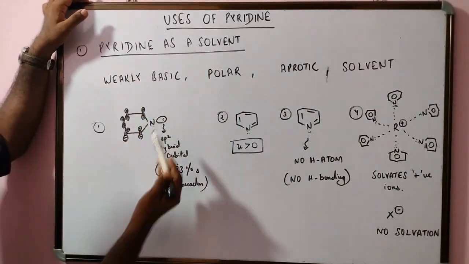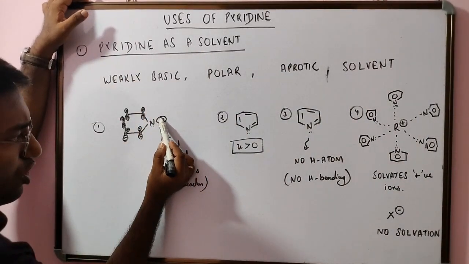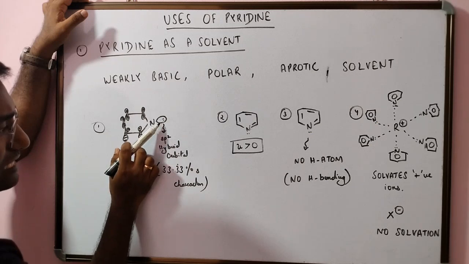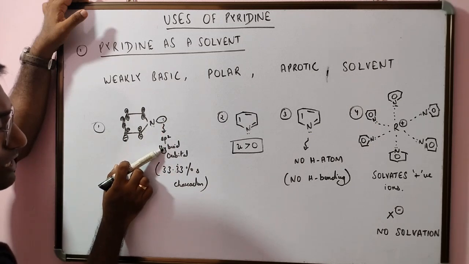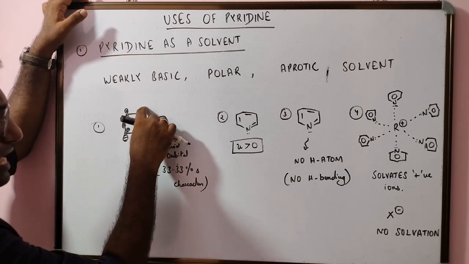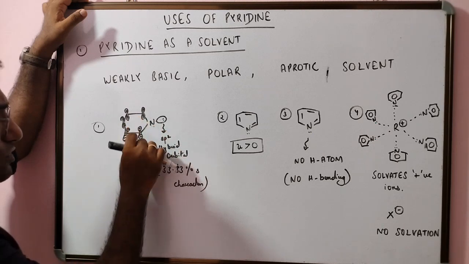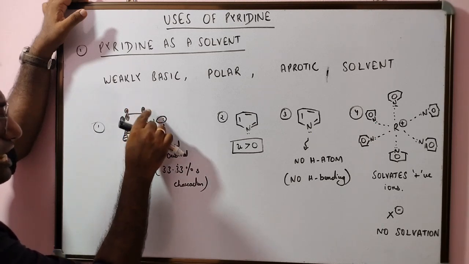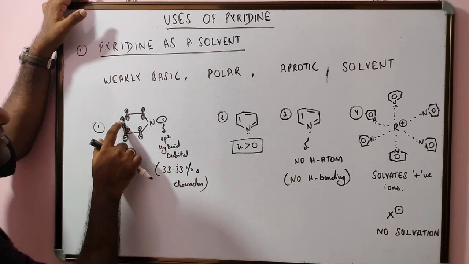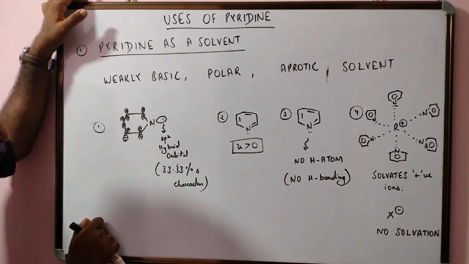Weakly basic. The lone pair of electrons on the nitrogen atom of the pyridine ring lies in the sp2 hybrid orbital, which is in a different plane from the plane in which the unhybridized pz orbital of each of the atoms of the pyridine lie.